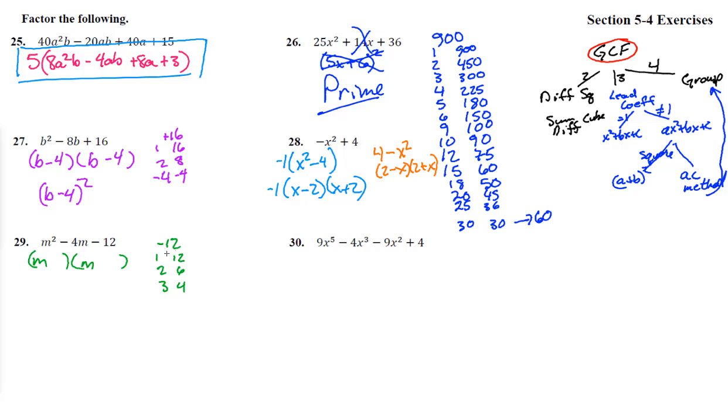Some of you may be seeing it without this list. To me, it's very helpful, especially with minuses, to know that what I thought was going to be a -4 and a 3 doesn't work. It's this one right here, 2 and 6. So that's a +2 and a -6. Correct. Excellent.